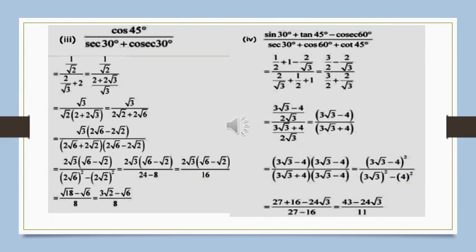So try to understand the steps. It is only simple numerical calculation. Here we have to use rationalization, which we have already studied in standard 9th. Now the fourth question is also the same, but here there is a numerator and 3 different terms in the denominator.